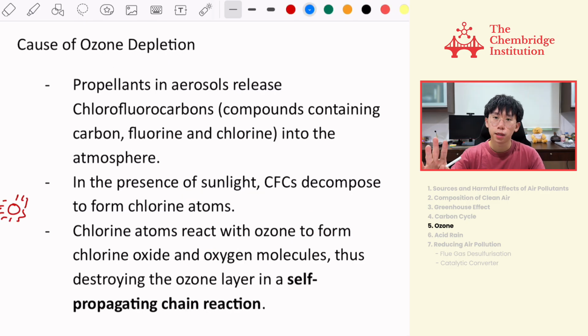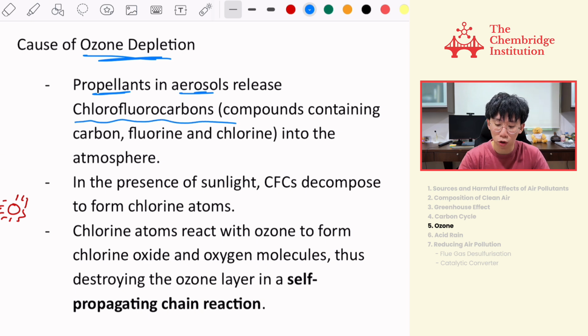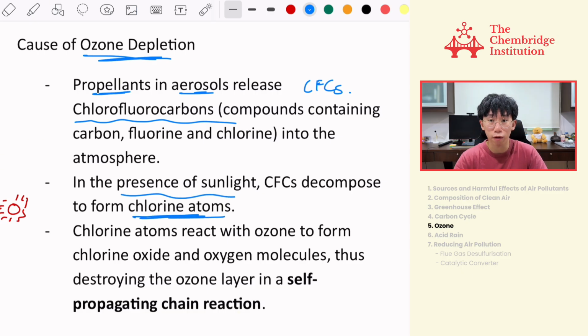The problem is that there's this thing called ozone depletion. This is actually caused by something called propellants in your aerosols. It is caused by this compound called chlorofluorocarbons, in short, your CFCs. These in the atmosphere, in the presence of sunlight, will actually decompose to form chlorine atoms or radicals.